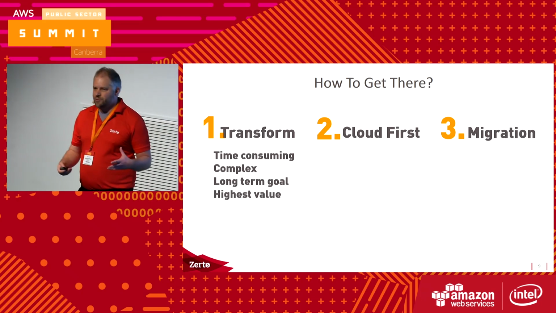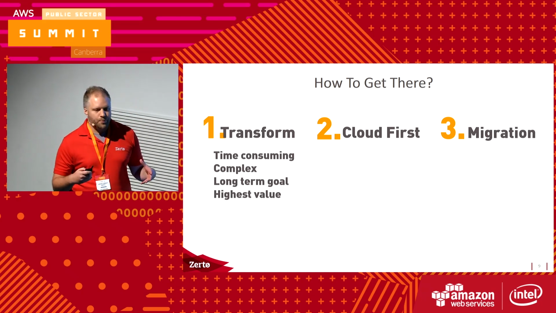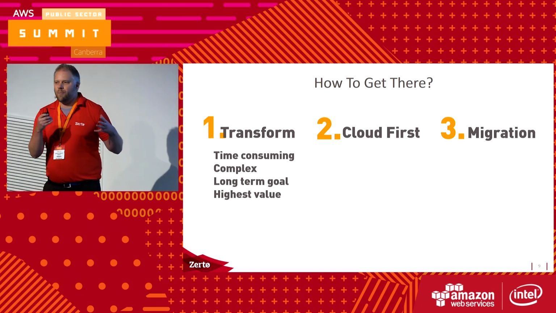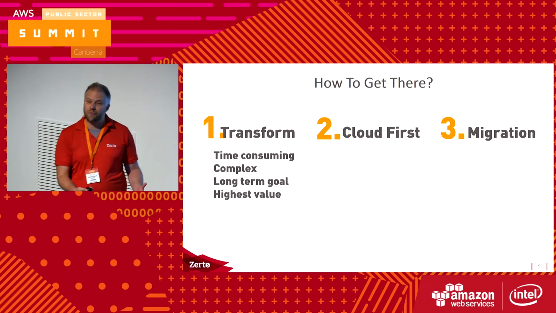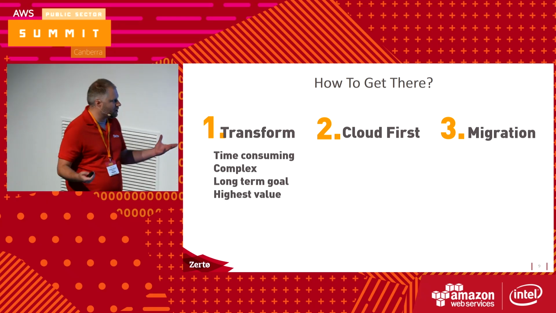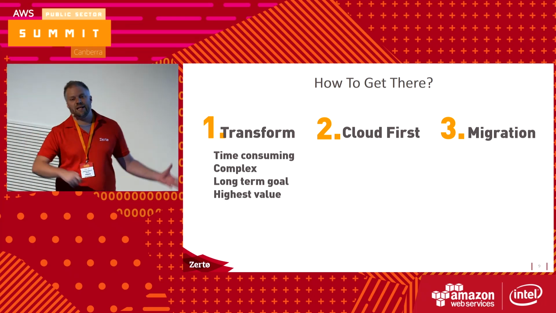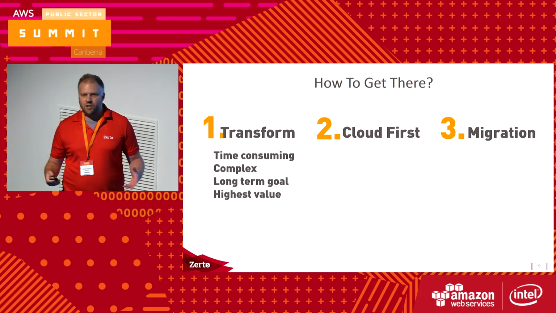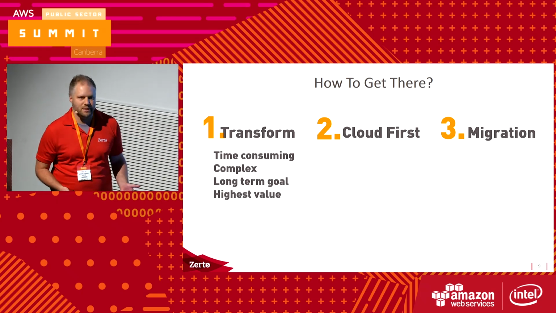So the first one is really transforming, right? So what we're doing now is we're taking applications, we're taking operating systems, and we're taking from a platform that they were designed to run in, which is your virtualization layer, whether it's vSphere or Hyper-V or whatever it is that you're running, and we're now moving it into an entirely new platform. Okay, how do we do that? It's a complex task in most situations.